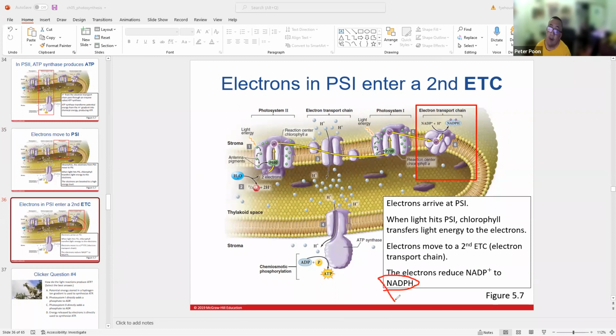If you remember from chapter 4, adding hydrogens is adding electrons, and adding electrons is adding energy. The electrons reduce NADP plus to NADPH. So you now have a very high energy molecule with electrons around it. This will power a lot of different things later on in the carbon cycle.